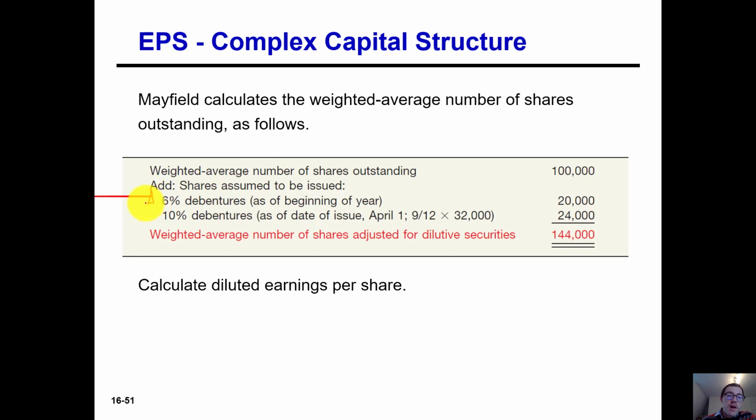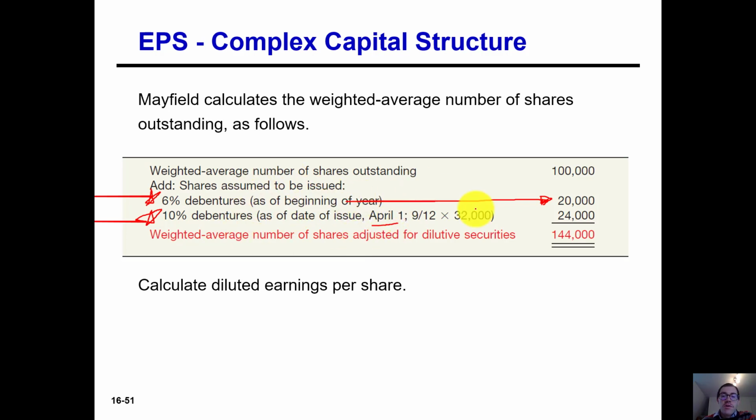Bond 1, remember bond 1 is issued in the previous year. So we're going to assume it's converted on January 1st. And it's converted into 20,000. So that's 20,000 for the whole year then. That's outstanding for the whole year. Remember, bond 2 is issued on April 1st. It's convertible into 32,000 shares.